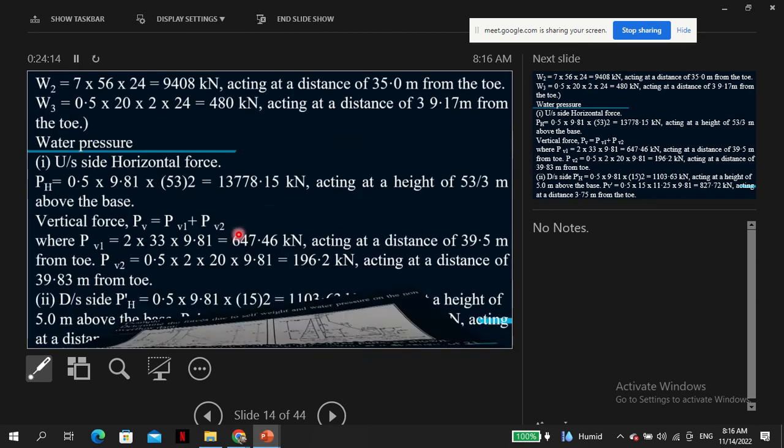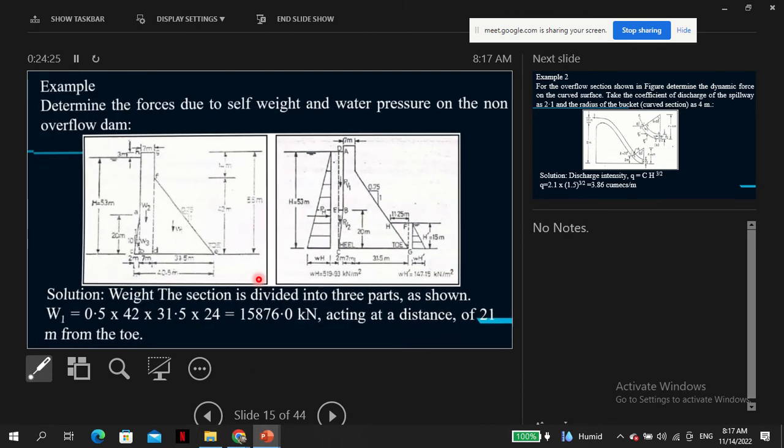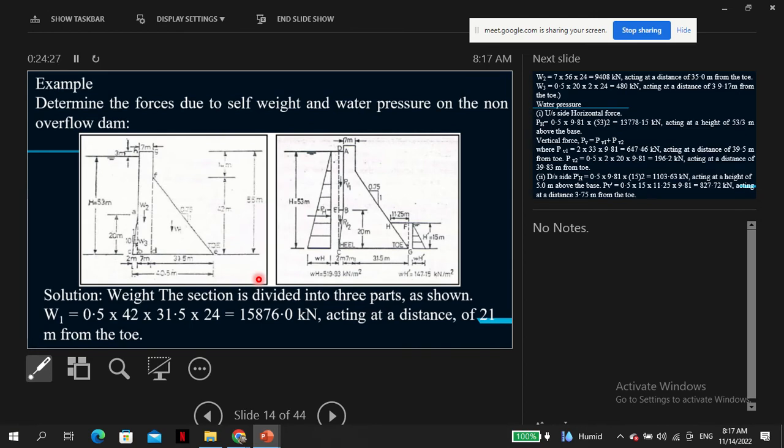Okay, let's see. I don't know what that is, acting at distance 35 from the toe. Or are we talking about horizontal height? Where's the reference to these values?